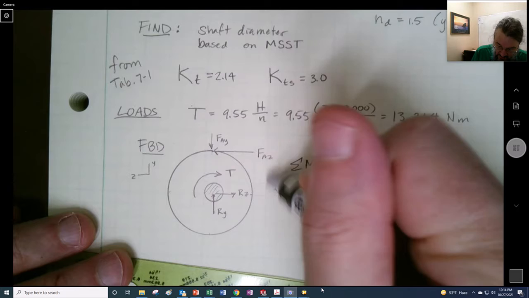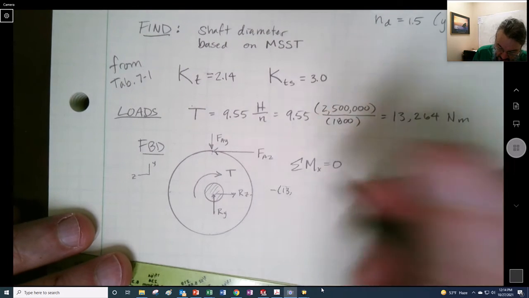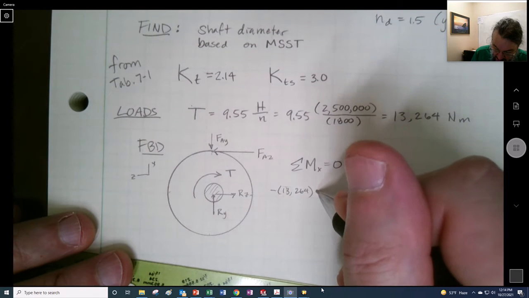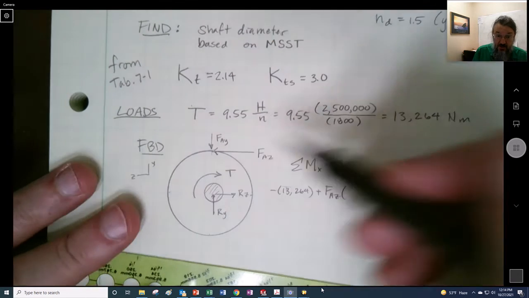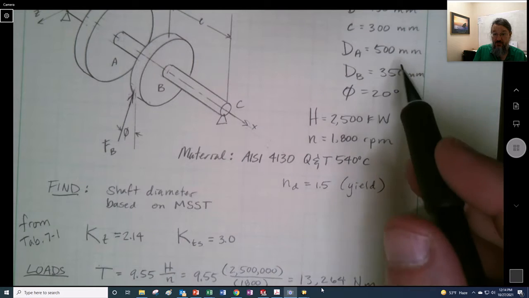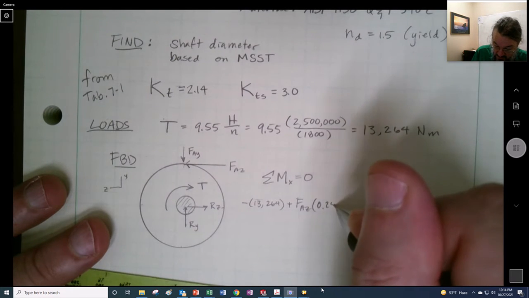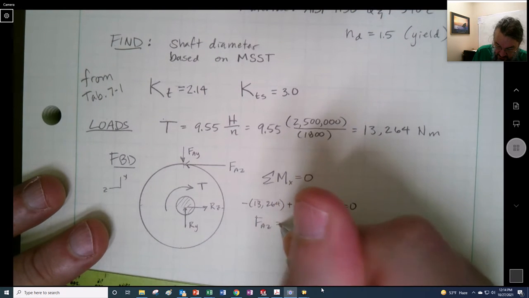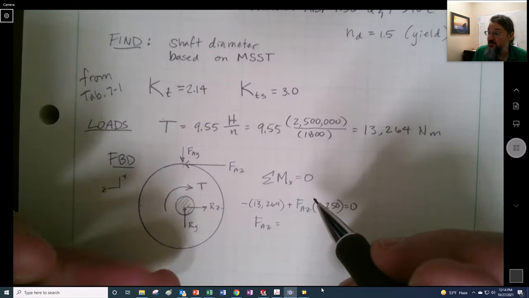I guess I'll put the numbers in. I don't need to put in the symbols. I got the negative 13,264, and that's going to be plus FAZ, and the torque arm is going to be 1/2 the diameter of A. I'm going to put it in as meters. So FAZ is going to be 0.25 divided by... it's going to be a large number, 53,000, is that right?